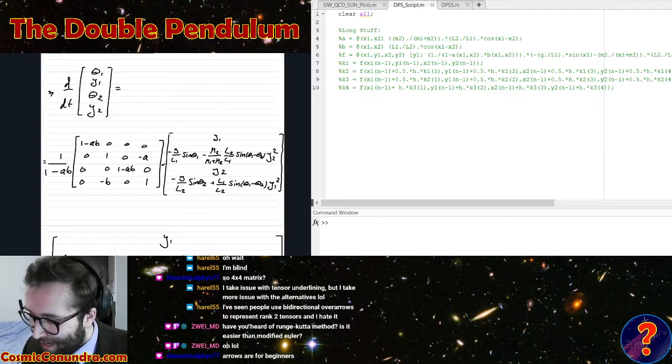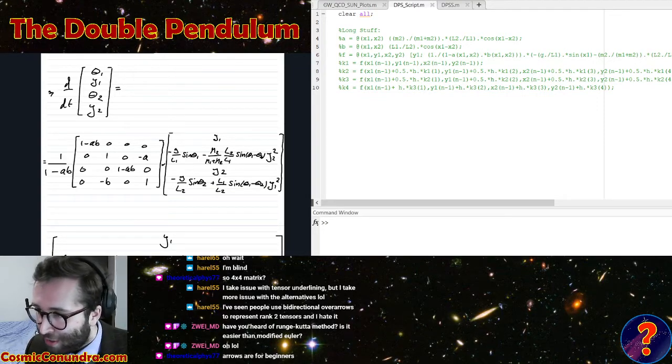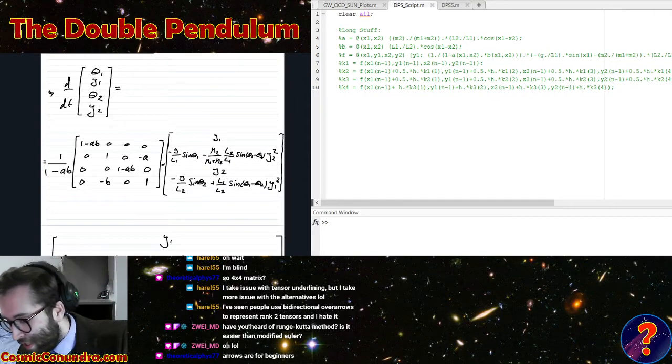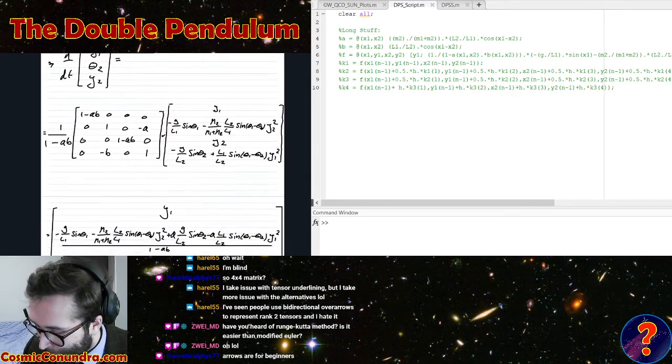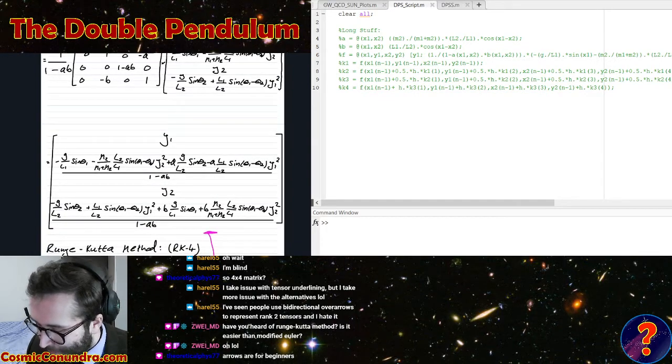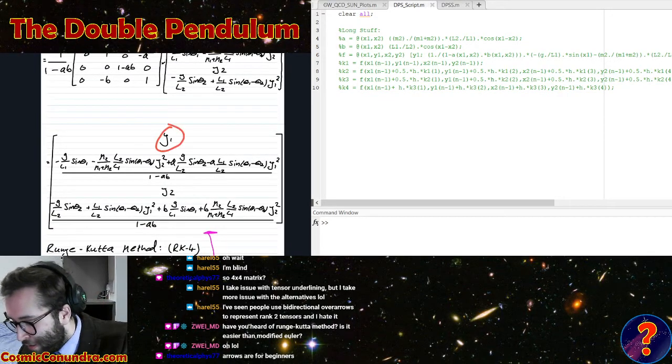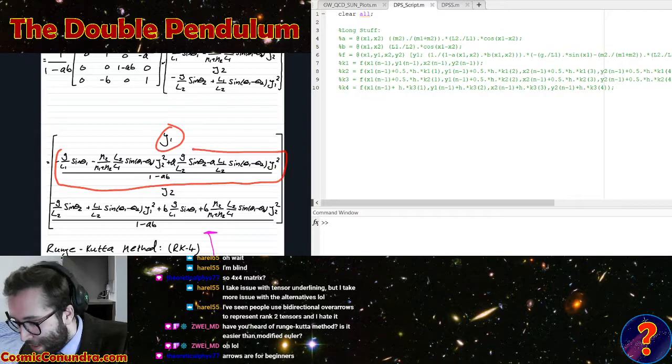But anyway, I get all this matrix gubbins on the right-hand side, which we can calculate just fine. It's kind of ugly, but it's fine. If you do this matrix multiplication of this 4x4 matrix times this 4x1 matrix, you get another 4x1 matrix with these 4 elements.